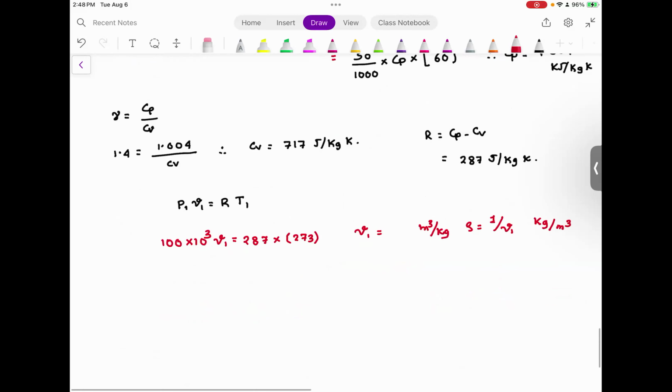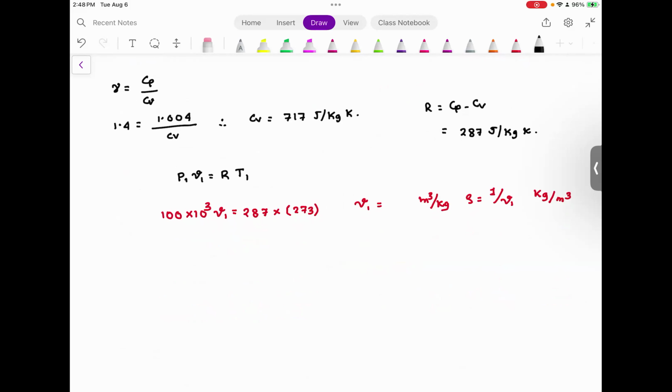Problem 4.5. One kilogram of nitrogen at a temperature of 150 degrees C occupies a volume of 0.2 meter cube. So mass is equal to 1 kg.